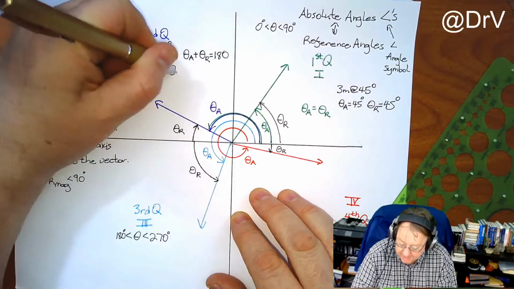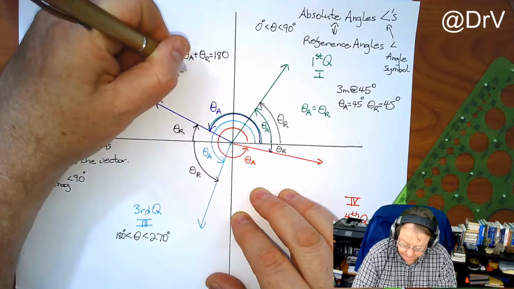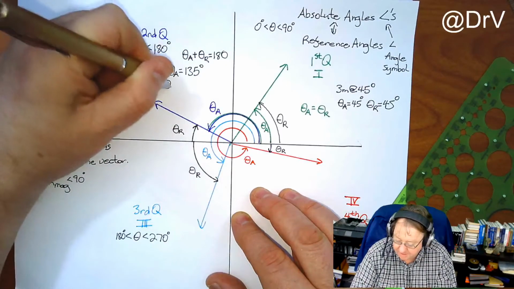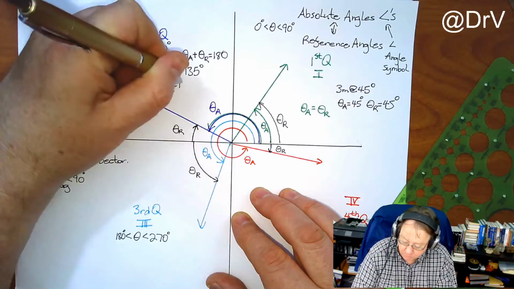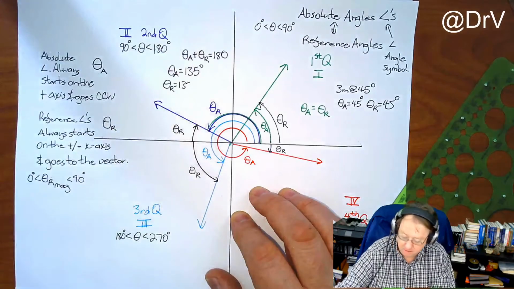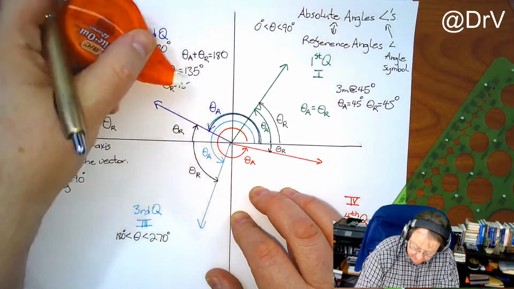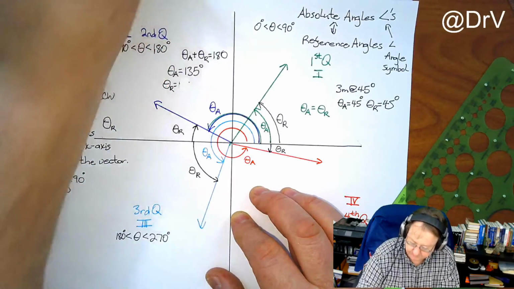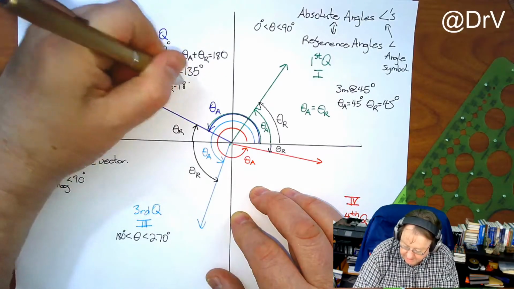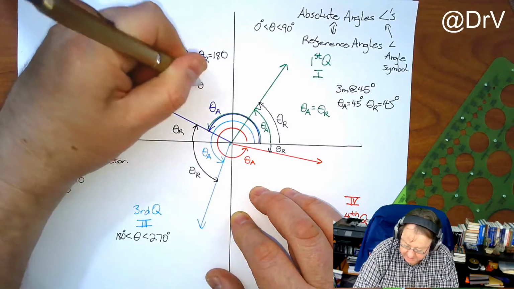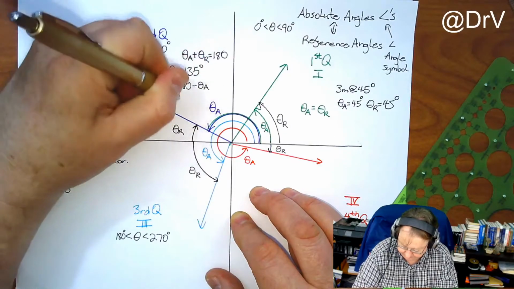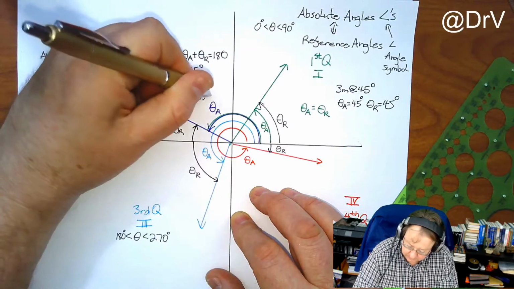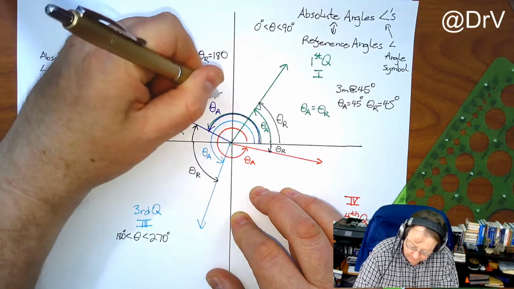So if my theta A was 135, my theta R is 45. My theta R is 180 minus theta A.